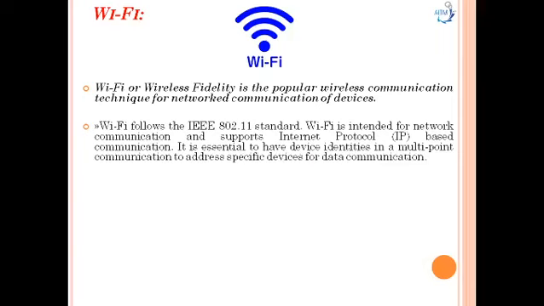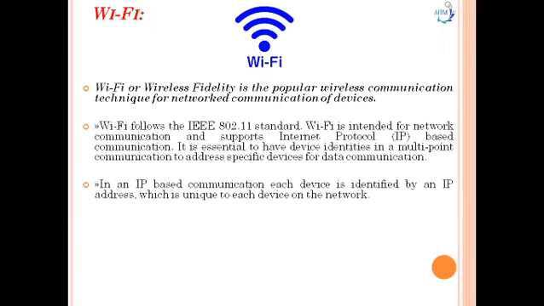If any systems want to communicate or share data with the help of Wi-Fi, those systems are identified with the help of IP. It is essential to have device identities in a multi-point communication to address specific devices for data communication. In an IP-based communication, each device is identified by its IP address, which is unique to each device on the network.